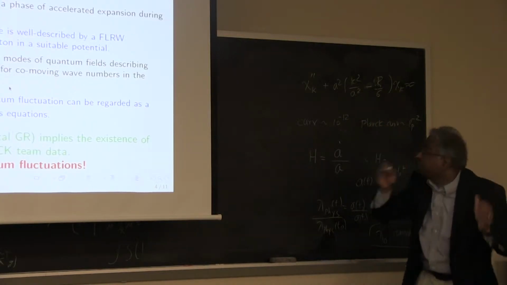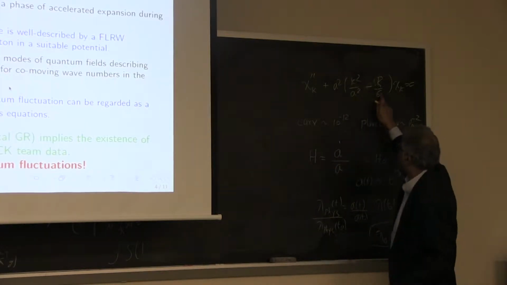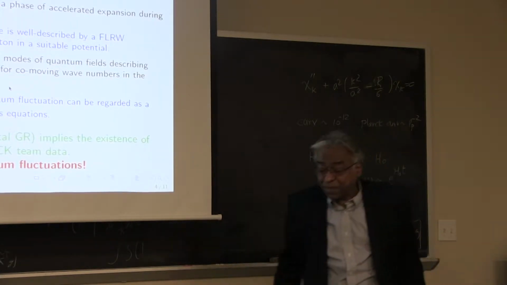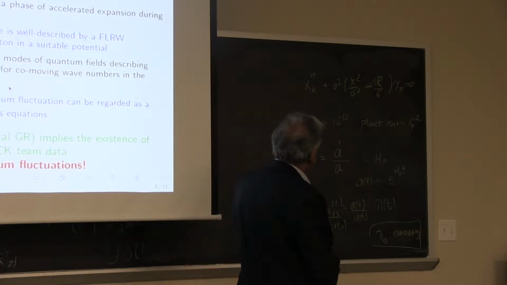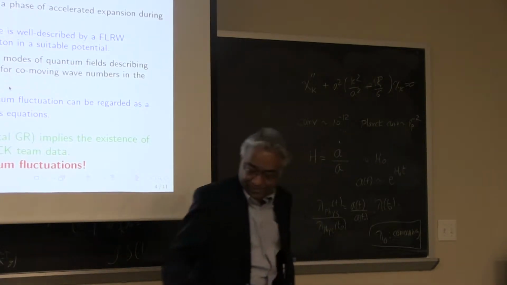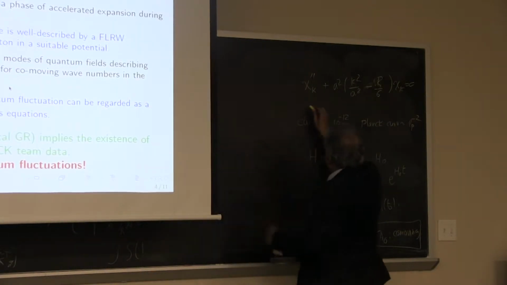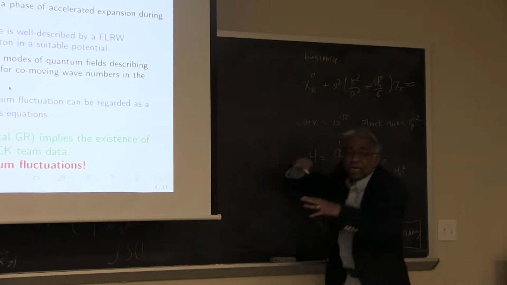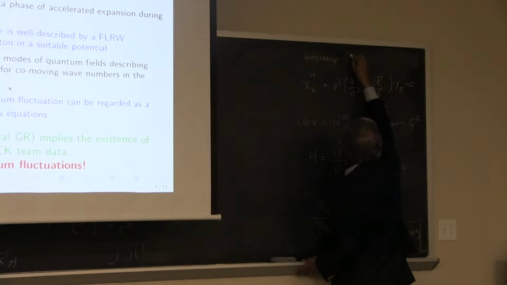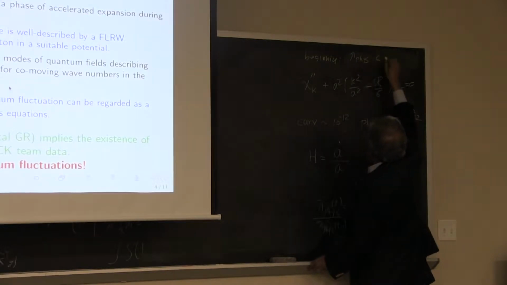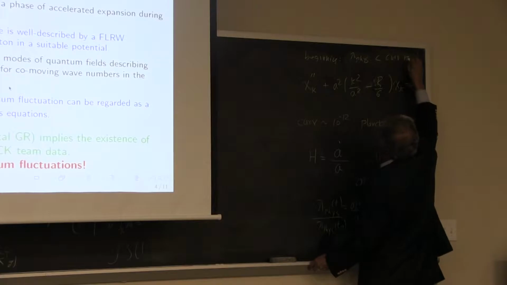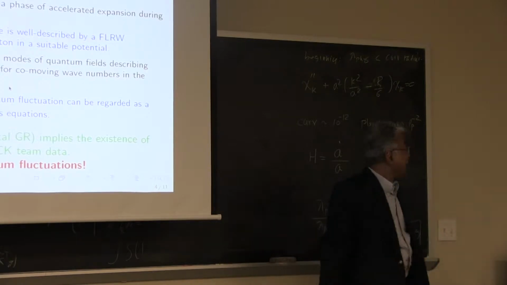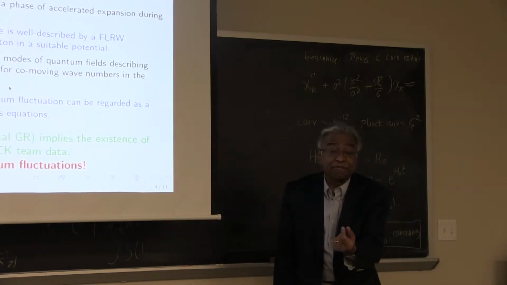Now at the beginning of inflation, the wave numbers satisfy k squared greater than R by 6, which means the wavelengths are smaller than the curvature radius. So the wavelengths are small, curvature is large, and therefore the modes don't really feel the curvature at all.